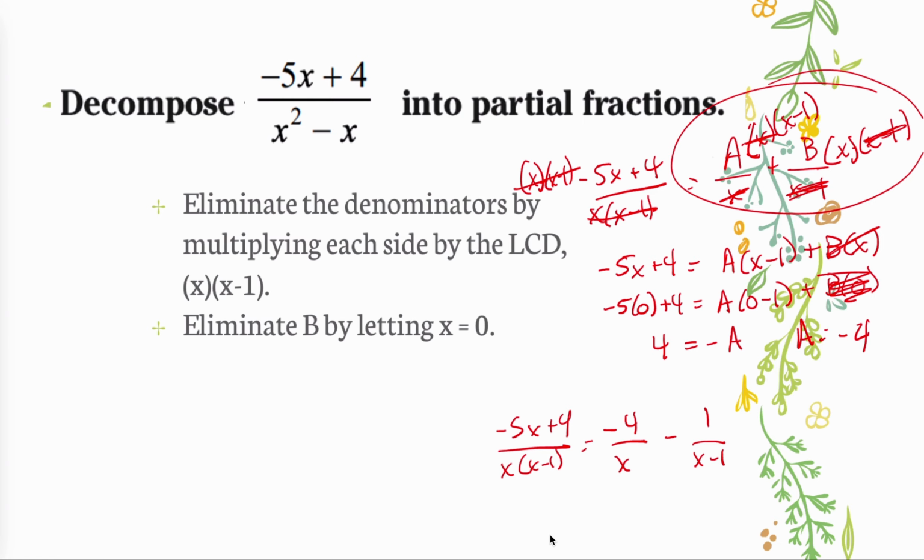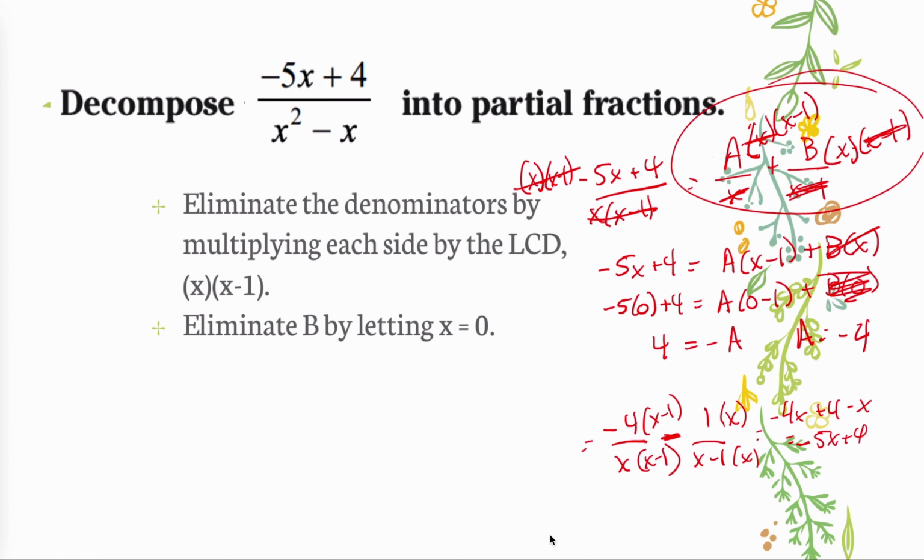And then the last thing that we do is we check our work. We're going to subtract, in this case, these two fractions by getting a common denominator. I'm going to multiply this by x minus 1 over x minus 1, and this by x over x. And this becomes negative 4x plus 4 minus x, which would be negative 5x plus 4.